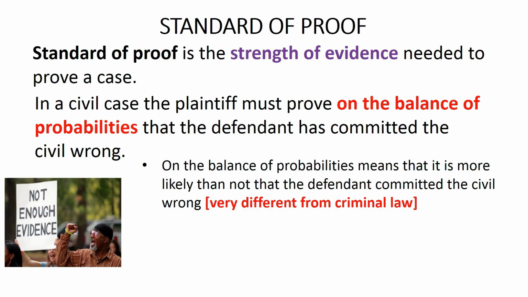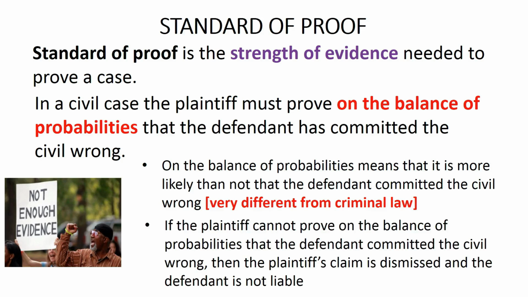That is, the prosecution must prove beyond reasonable doubt that the accused committed the crime. This means that the only reasonable explanation for what happened must be that the accused committed the crime. That's a much higher standard of proof than for the civil case, where all the plaintiff has to prove is that it is more likely than not that the defendant committed the civil wrong.